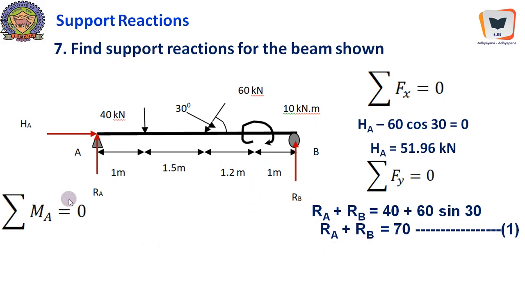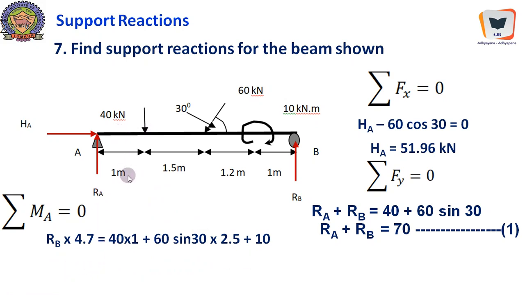Now we need to take moment with respect to A. Then we have to release this support and apply this particular reaction, that is RB. So RB is anti-clockwise. RB into 1 plus 1.2, 2.2 plus 1.5, 3.7 plus 1, 4.7. So RB into 4.7. All the anti-clockwise moments should be equal to clockwise moments.